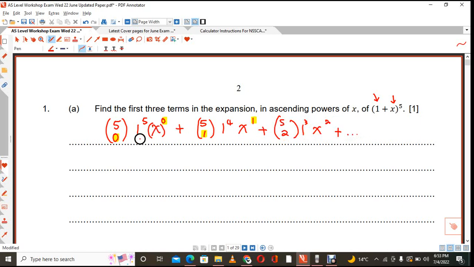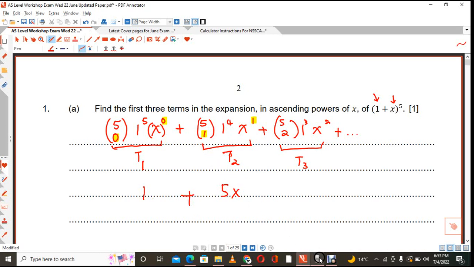Well, we just want the first three terms, so this is the first term, and this is represented by the second term, and this would be represented by the third term. So you can calculate it actually. If you do 5 choose 0, that's going to be 1, and this one here will be 5x when you calculate it.